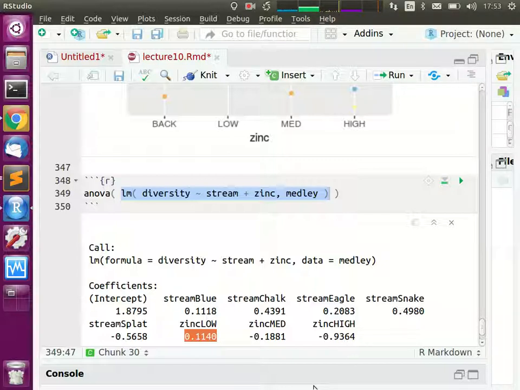In our one-way ANOVA, R did exactly the same, only it turns out that if you want to minimize the sum of squares and all you're using is one value per group, then the value you should give is the mean. Because if you use any other value than the mean, the sum of squares would always go up.